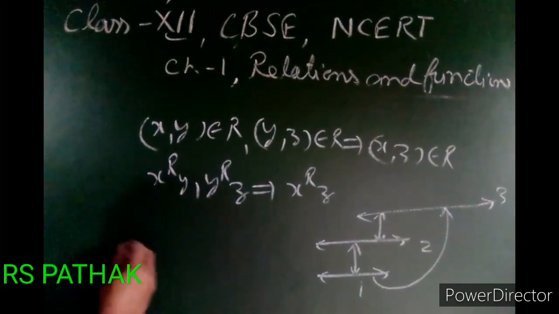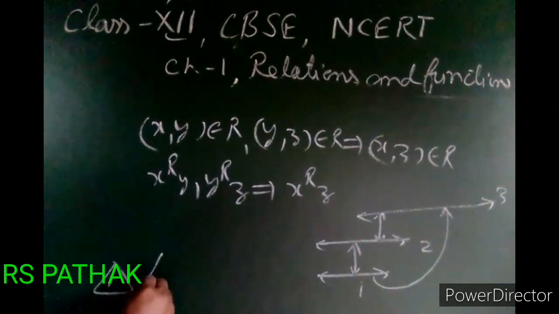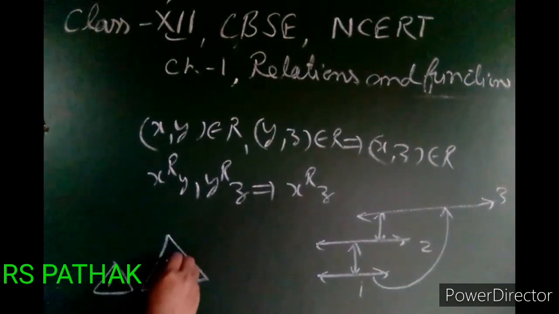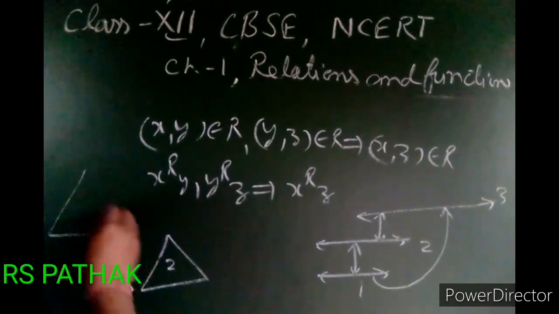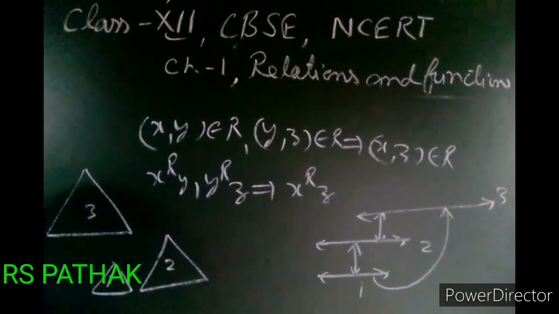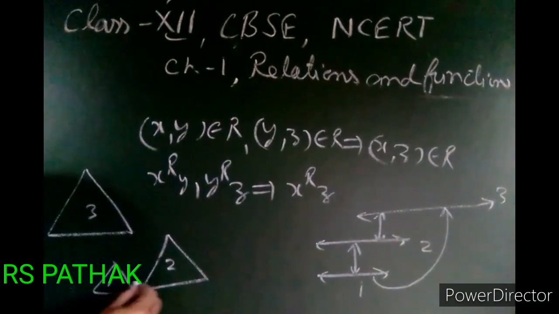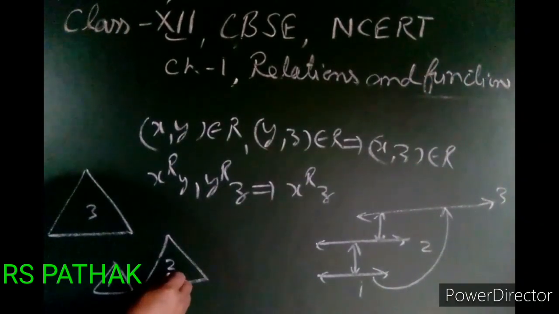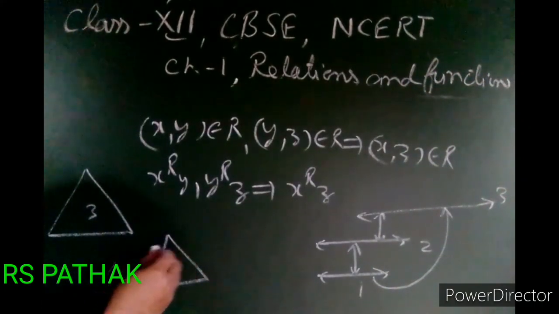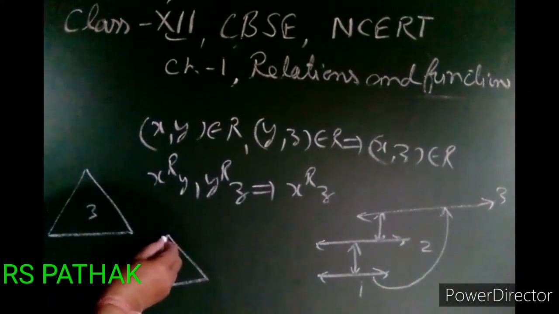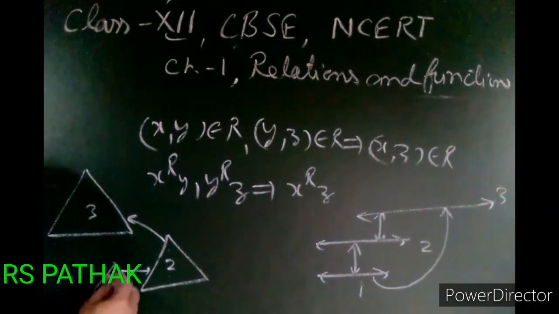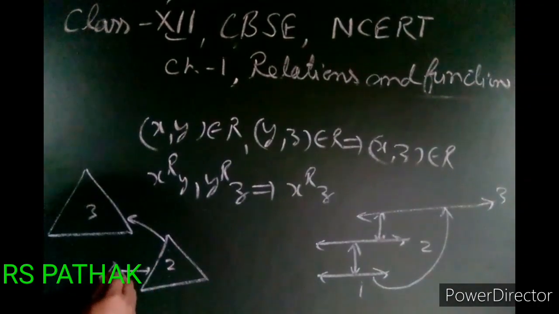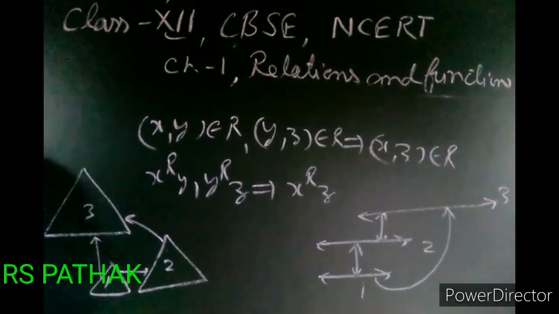Another example: triangle number 1, triangle number 2, and triangle number 3. Triangle 1 is congruent to triangle 2. Triangle 2 is congruent to triangle 3. Then we can say clearly that triangle 1 is congruent to triangle 3.